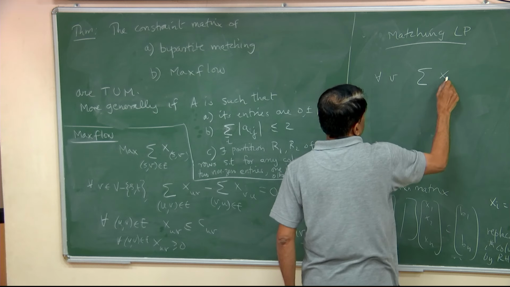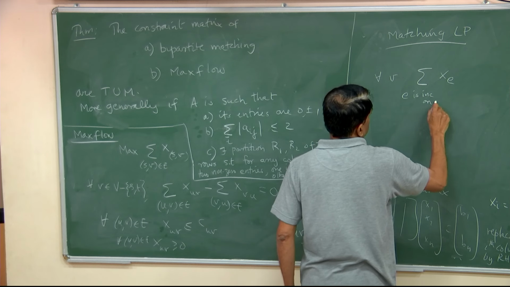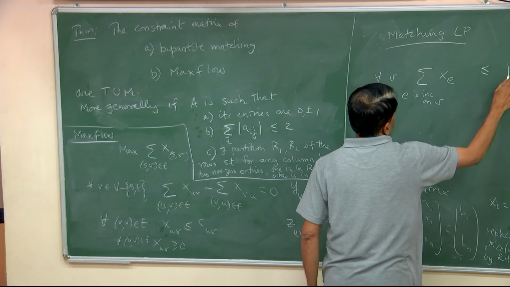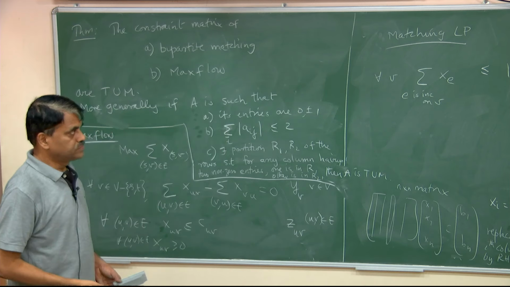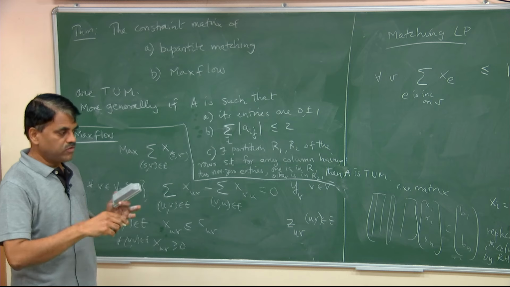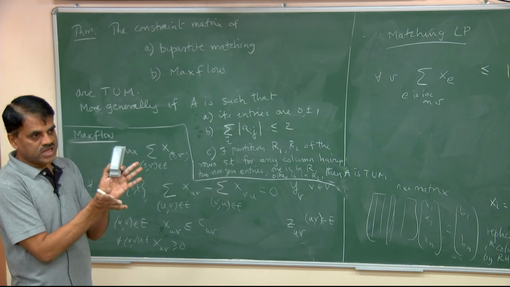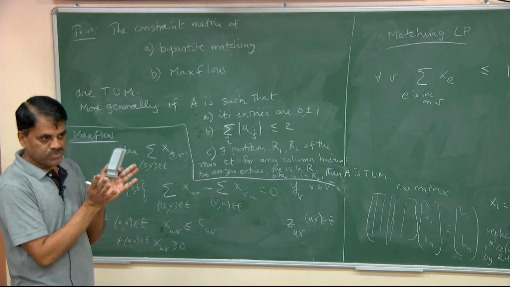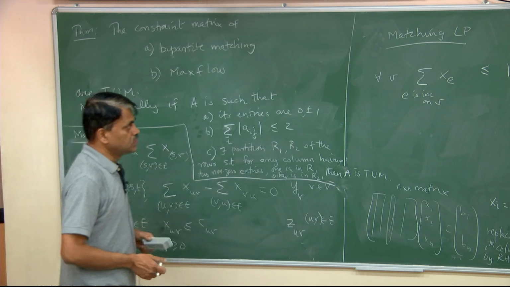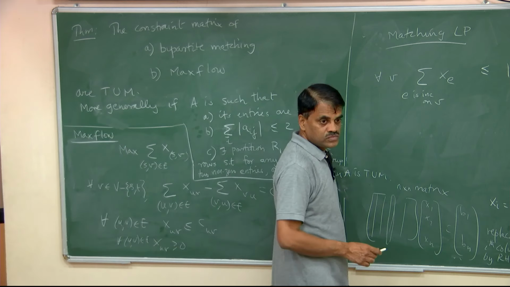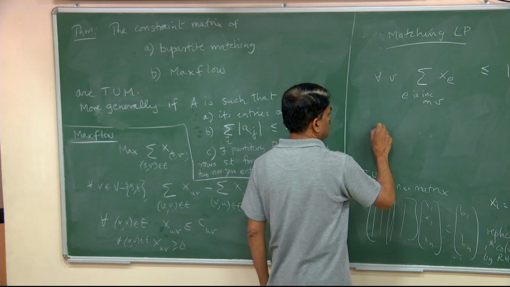The summation of xe, e incident on v, is less than or equal to 1. That's all the constraint is. So for every v, look at all edges going out of v, the sum of the xe values should be less than or equal to 1. So that's a constraint matrix. Okay. So how many rows are there? How many columns are there? V rows. So I'll have a row for every vertex.